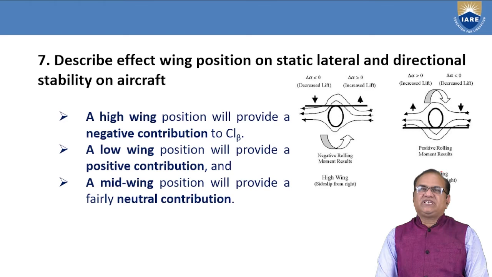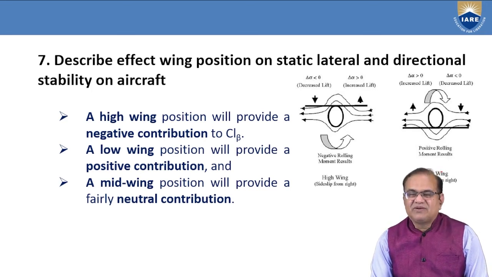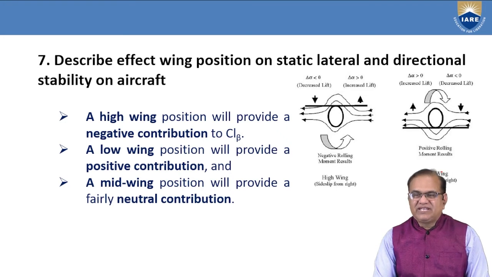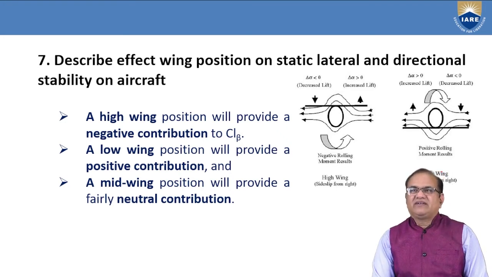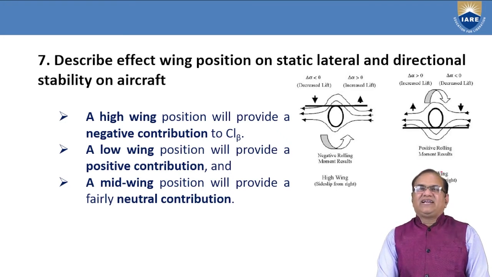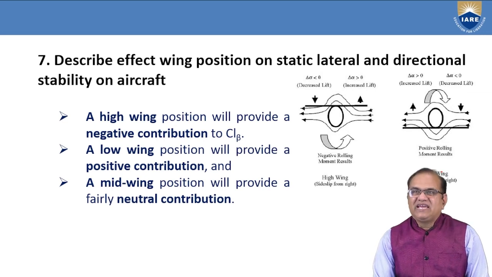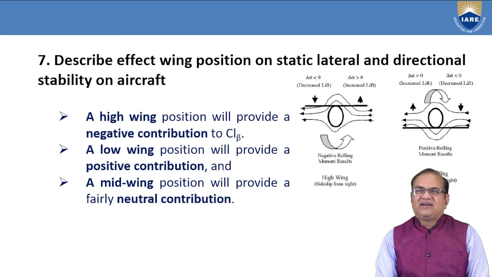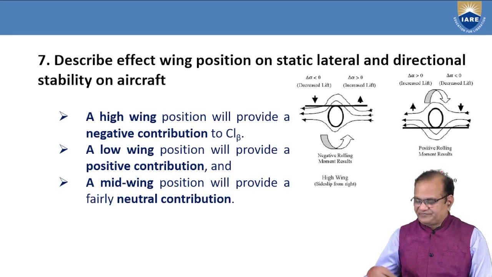Now next we have seen the different wing configurations, and each wing configuration has some advantages and some disadvantages. If we want to make the aircraft laterally and directionally statically stable, then we have to use a high wing. A high wing will generate a negative rolling moment that results in a laterally statically stable aircraft.